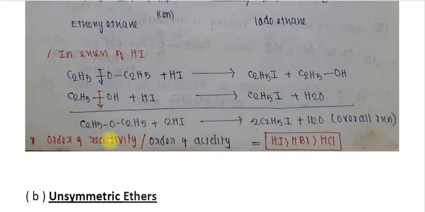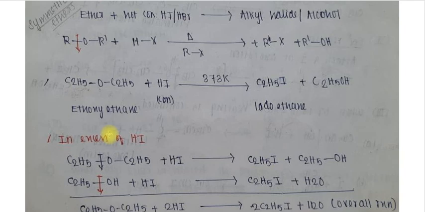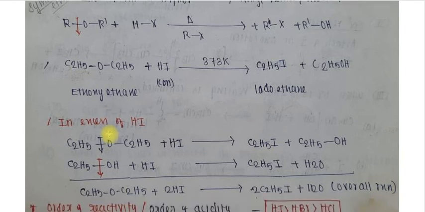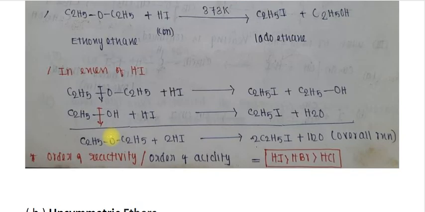So if a symmetric ether reacts with concentrated acid in excess of HI, C2H5OC2H5 plus 2HI, the bond will break and you get C2H5I plus H2O. That is the overall reaction.